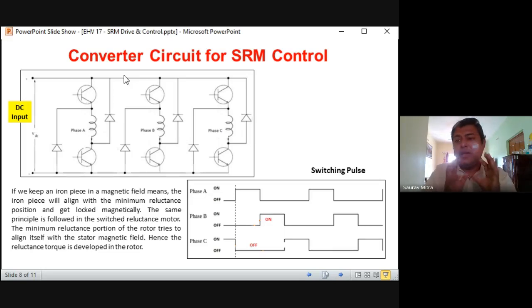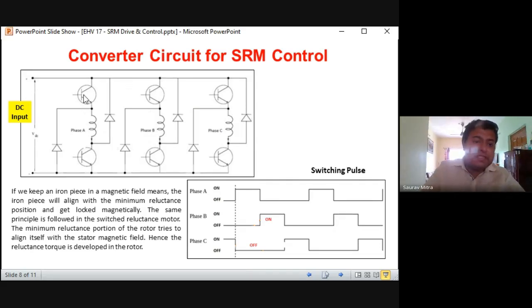So the coil is the same on each of the stator poles, but we can change the direction of the current flowing through that coil, and by that we create a north pole and a south pole in the same stator pole. Suppose this transistor makes the current flow in the clockwise direction in the stator coil, then it becomes a south pole. And when this is on, the base of each transistor is again controlled, so those bases are to be switched on and off. There are 6 timing circuits at the base of these transistors, and they actually make the transistors turn on and off.